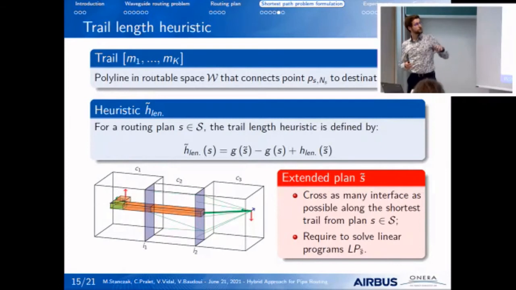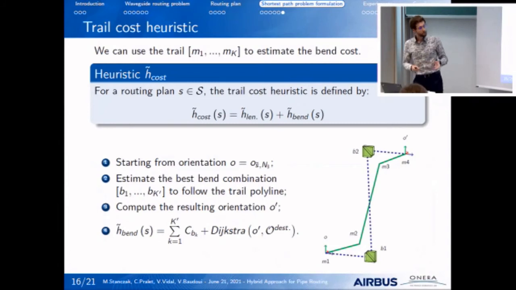This time we use the cost difference between the extended plan and the original plan, plus the shortest trail of the extended plan. But we can also use the trail to estimate the band cost.